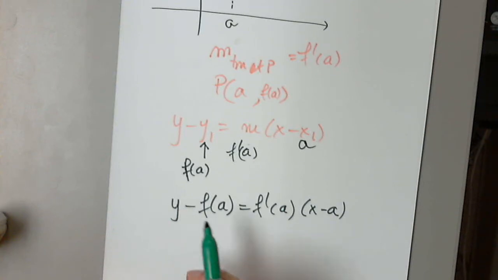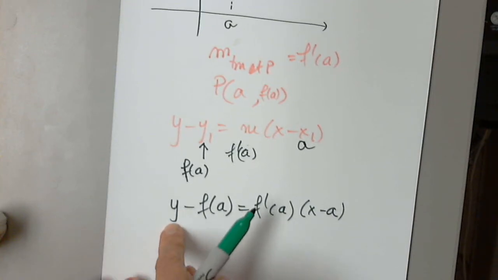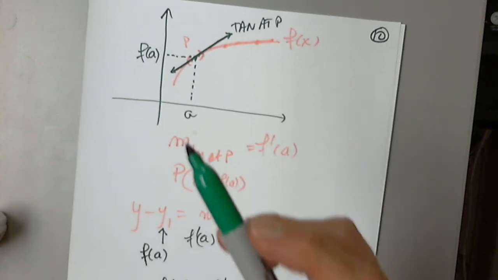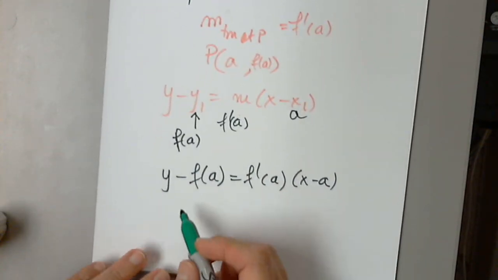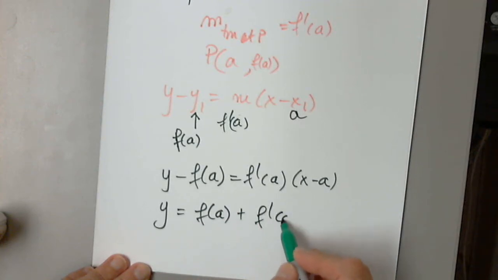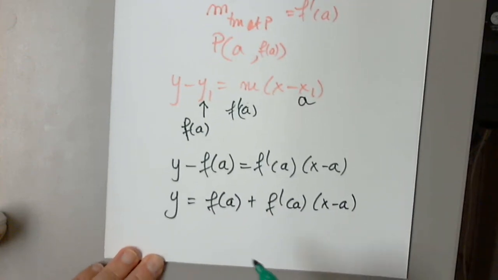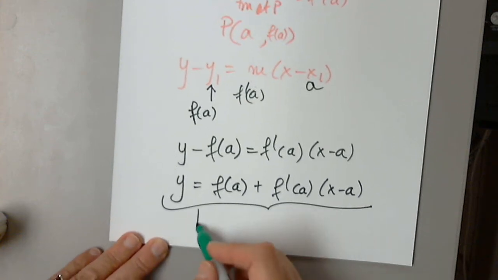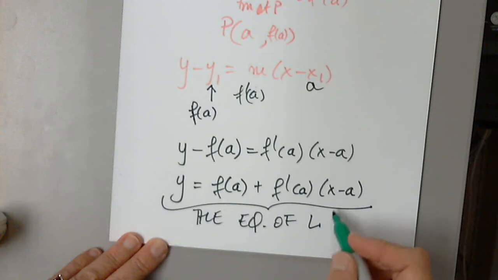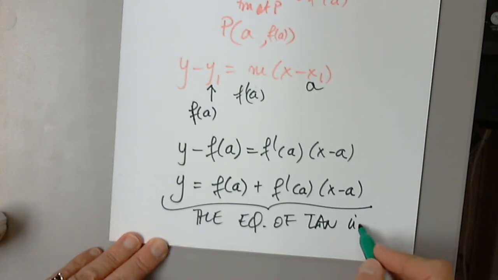Okay, so now this is the y of the tangent. I'm going to move f of a to the other side. This is the equation of the tangent line at P.